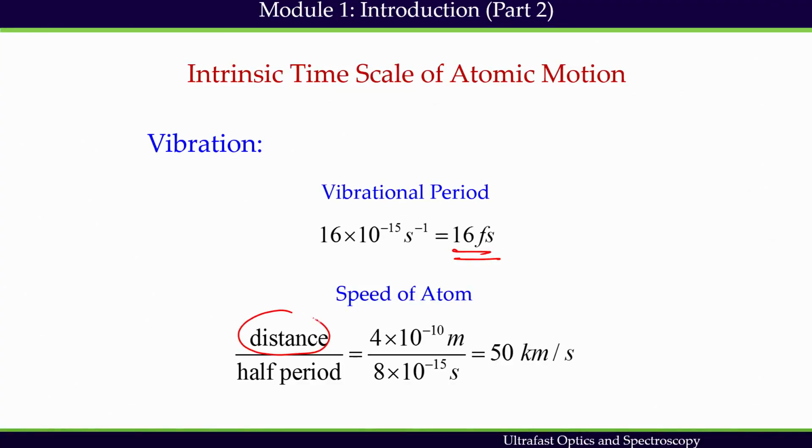For this distance, I can find out the velocity of the atom to dissociate the bond, and we find that it is 50 kilometer per second. Per second it's traveling 50 kilometer to dissociate the bond. This is the typical speed of an atom during the vibration, during molecular dissociation.